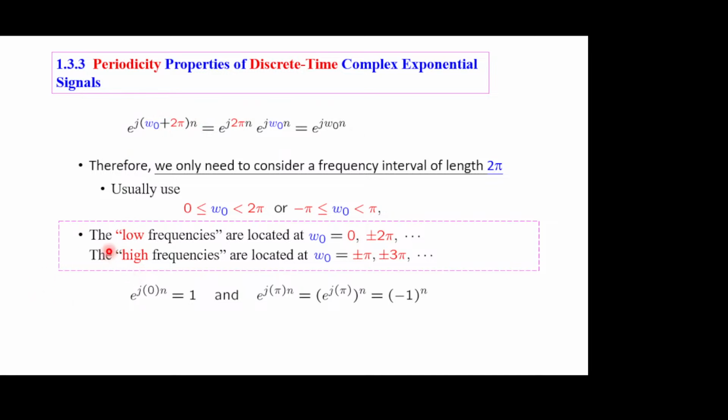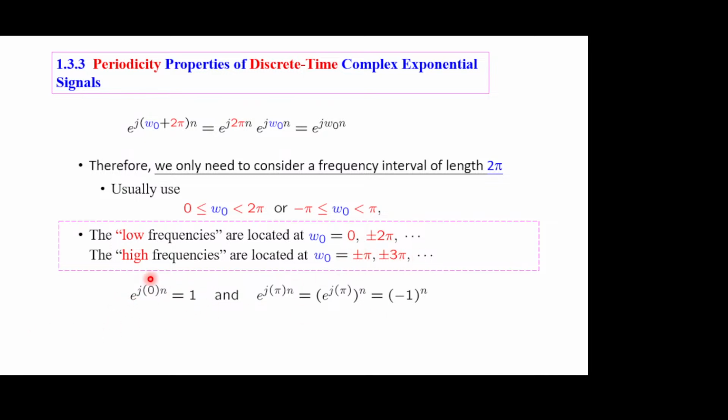So what are the faster oscillating regions? The low frequency regions are around omega naught equal to 0 or plus or minus 2 pi. And the high frequency region, where the signal looks like it's oscillating very fast, is around the odd multiples of pi, so plus or minus pi or plus or minus 3 pi.